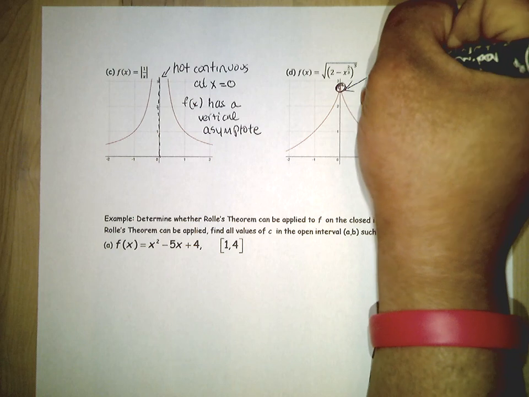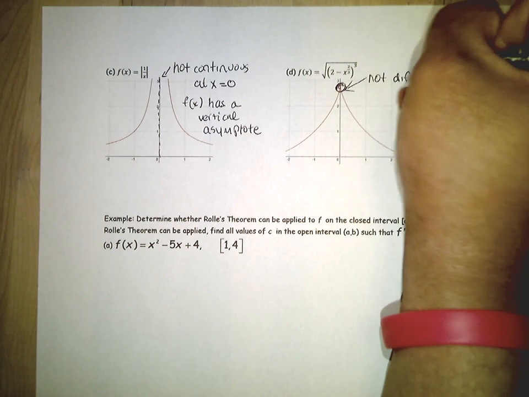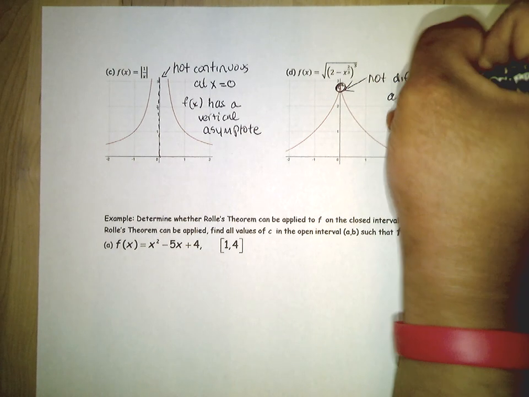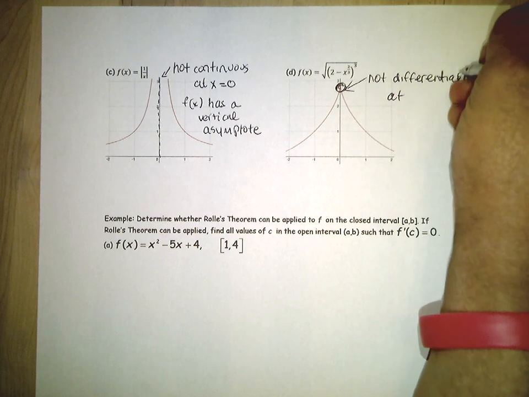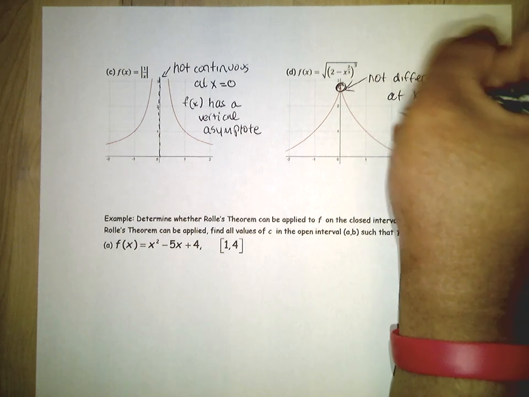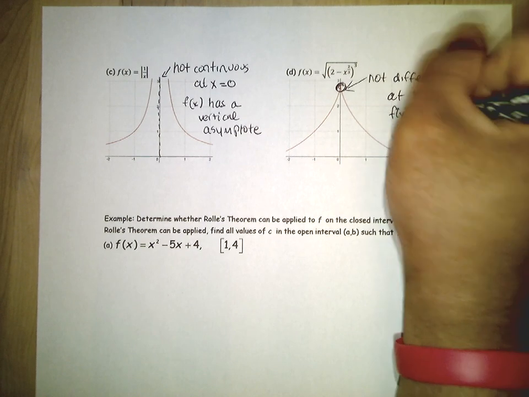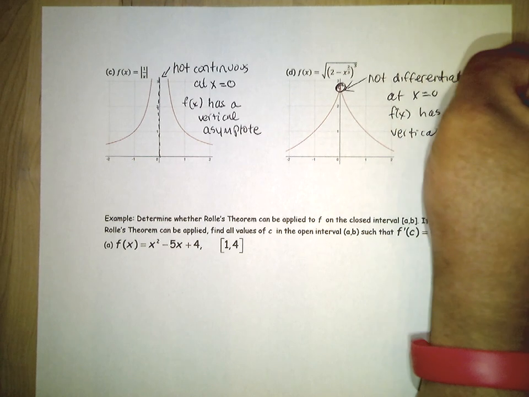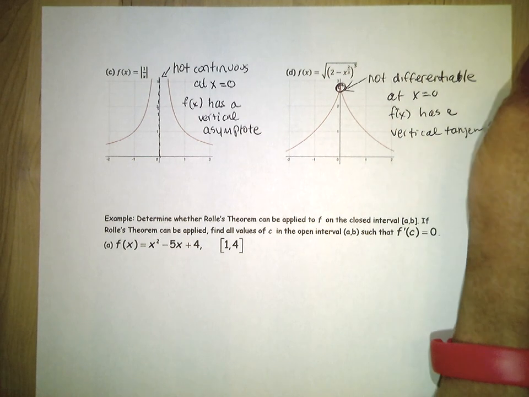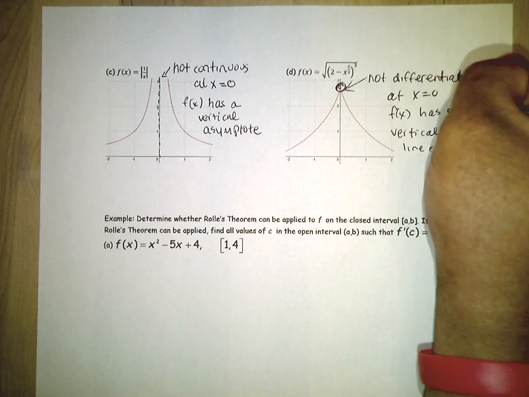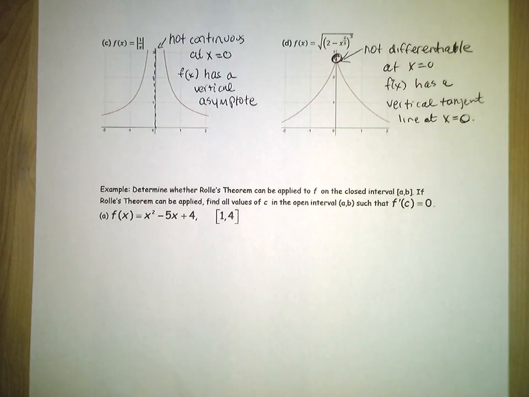So not differentiable at x equals 0, or f of x has a vertical tangent line at x equals 0. I hope that you enjoyed that example.